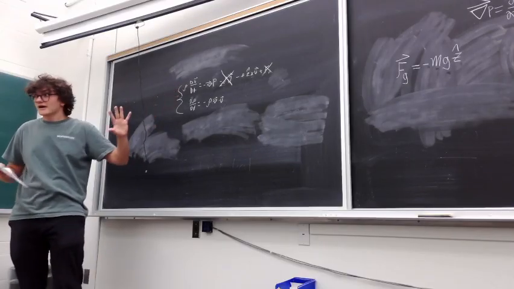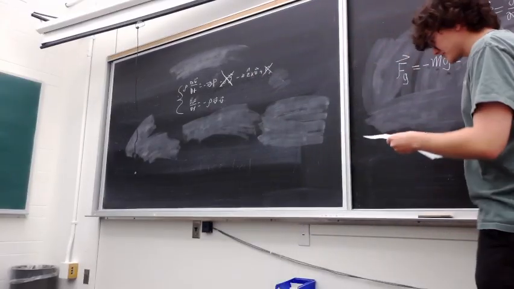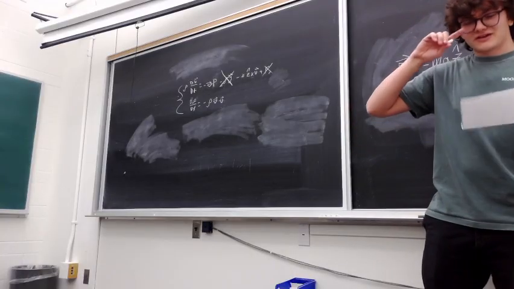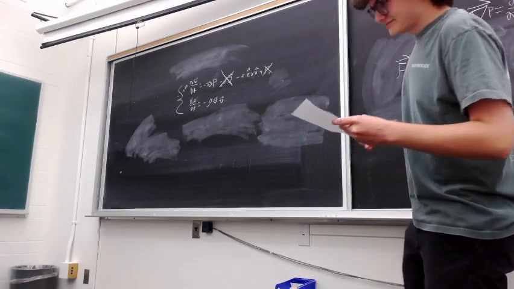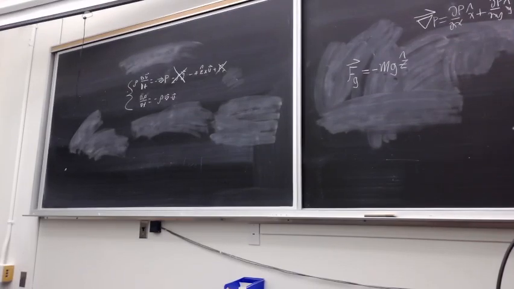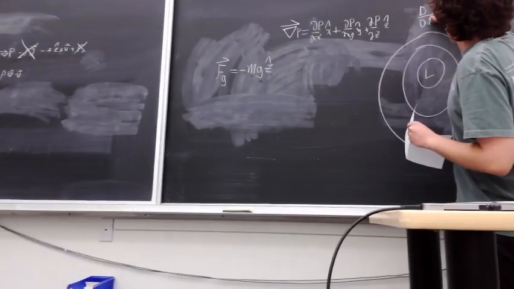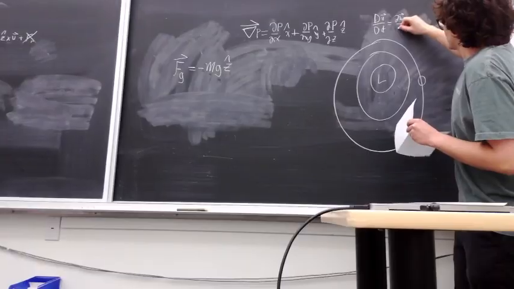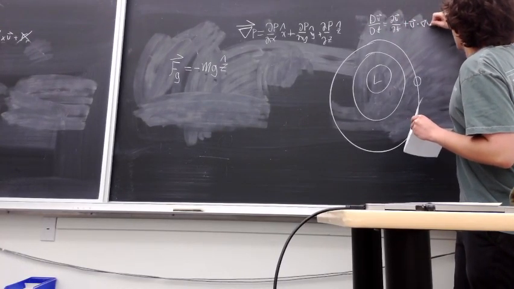Now this isn't looking so bad, but it's still too hard for me. I don't know how to do that. So what I'm going to do is what's called a dimensional scaling analysis on the equation. So we wrote before that the big derivative of the velocity is equal to the time derivative plus u dot grad u.